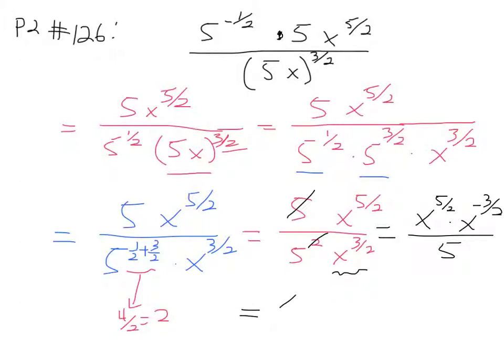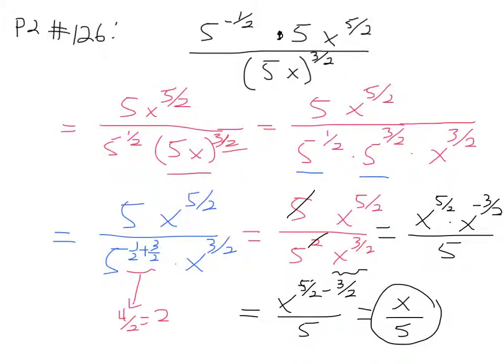All right, so let's do one more step there. x to the 5/2 minus 3/2 over 5. That's the same thing as x to the 1 over 5. And that is our simplified form. And that's pretty gosh darn simple considering what we started with. Okay?